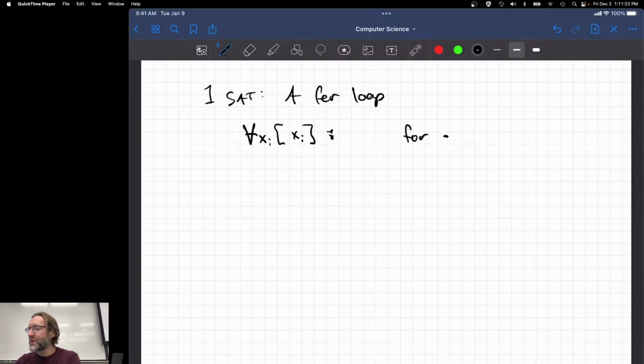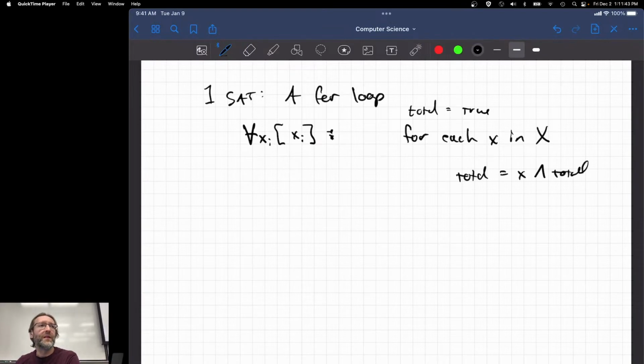For each x in your set or your universe of discourse, you're going total is equal to true, and so total is equal to x and total, right? In other words, for all, a universal quantifier.